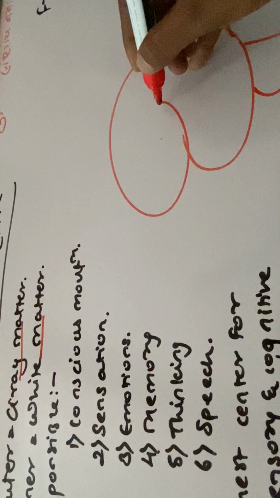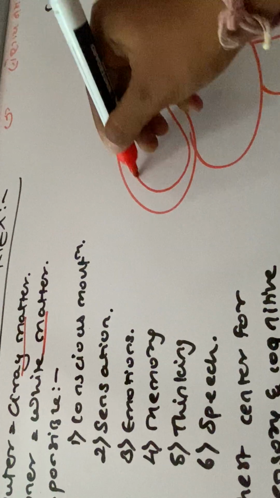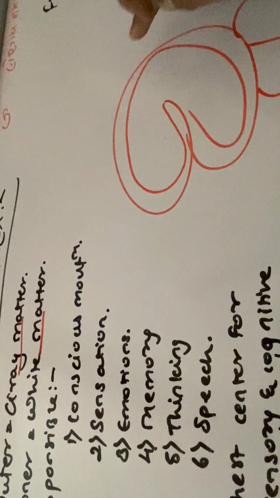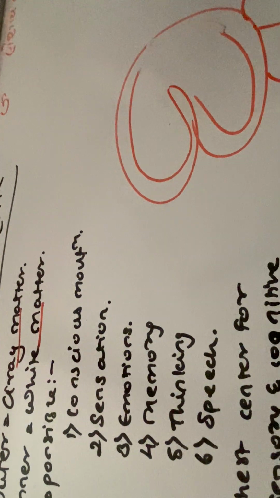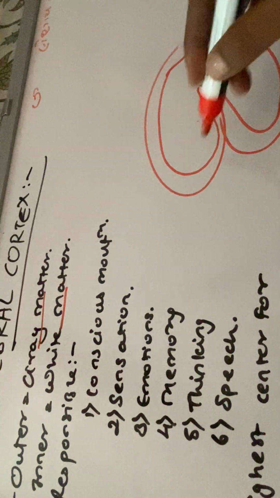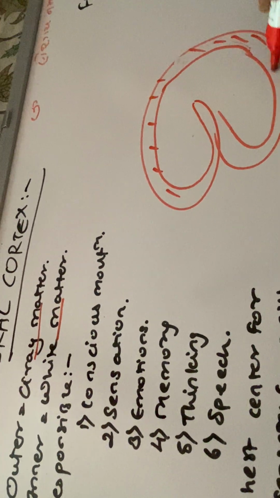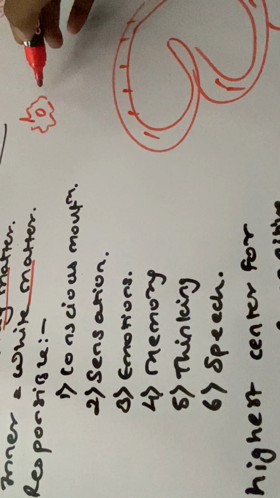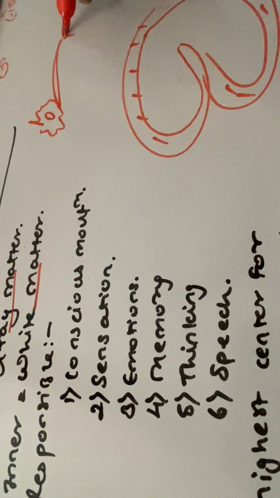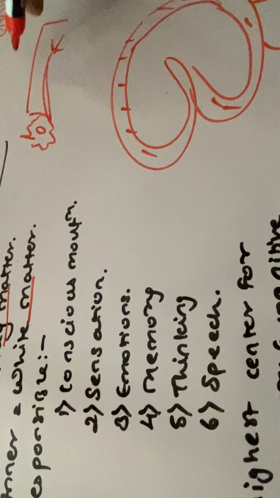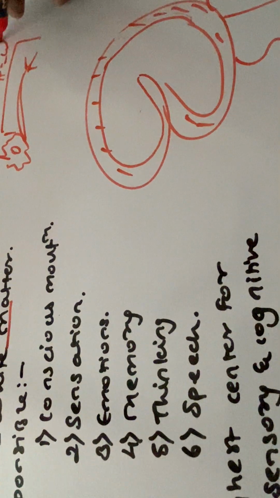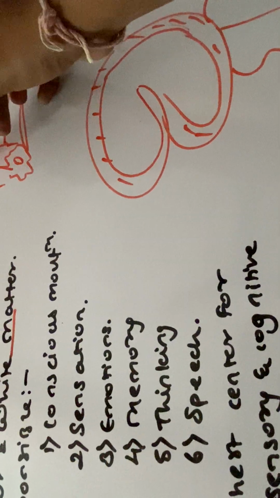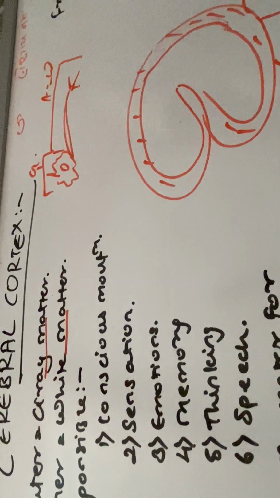So the outermost layer is made up of gray matter, which is the cell body, a nerve, and this is axons, which are white. This is dendrite, which are gray.